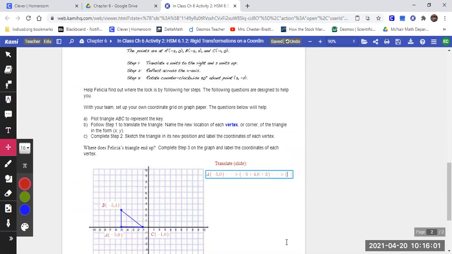So where is that going to make us land? If I take -5 and I add 4 to it, what's the new location? It says take -5 and add 4 to it. What do we get?